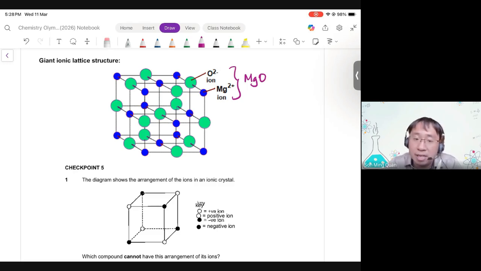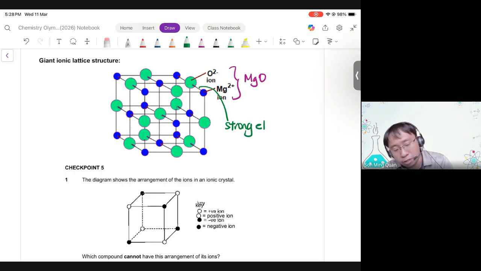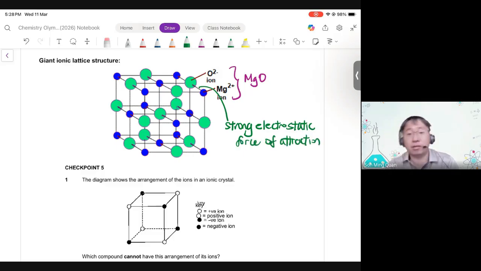So you can clearly see the Mg2+ and the O2- ions are attracted. And what would you call this force of attraction? This force of attraction is called the strong electrostatic force of attraction between the Mg2+ and O2- ions. Right? So every single line over there represents a strong electrostatic force of attraction between ions.